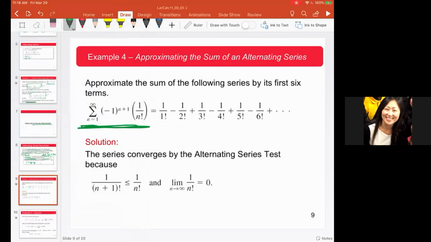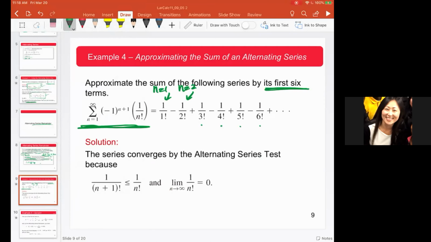Let's plug in numbers. So n equal to 1, you get this. n equal to 2, you get that. Is everybody following me? So n equal to 3, 4, 5, 6, that's what we have. So we just wrote down the first 6 terms.